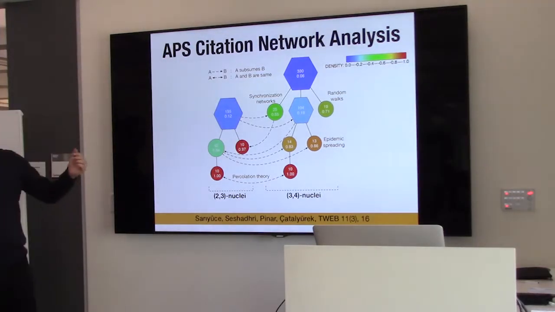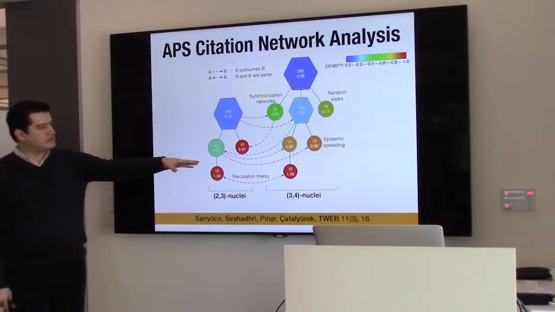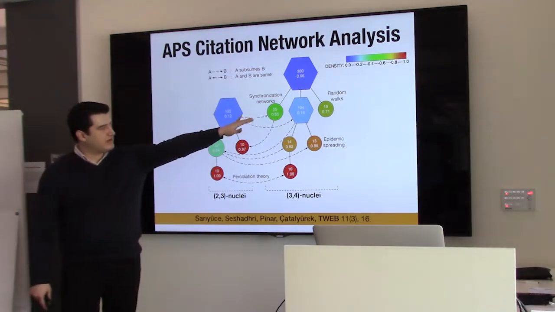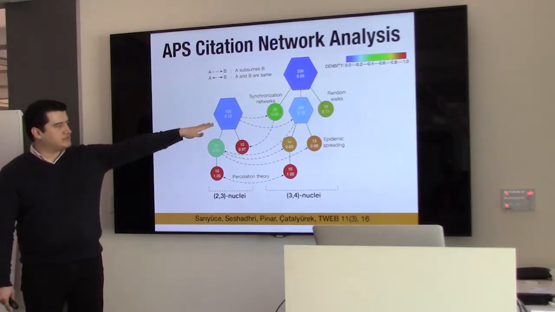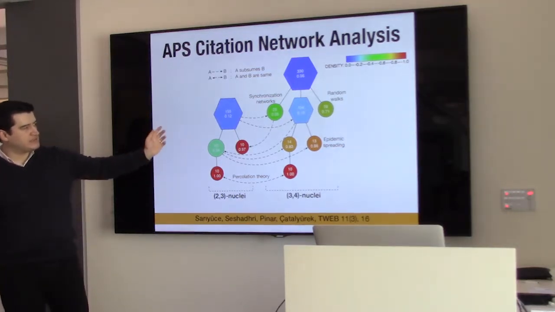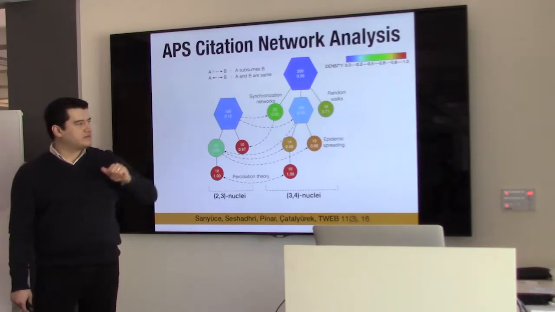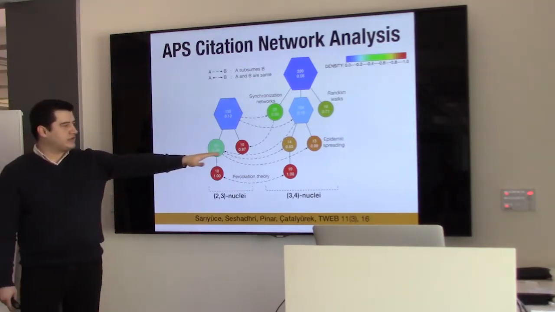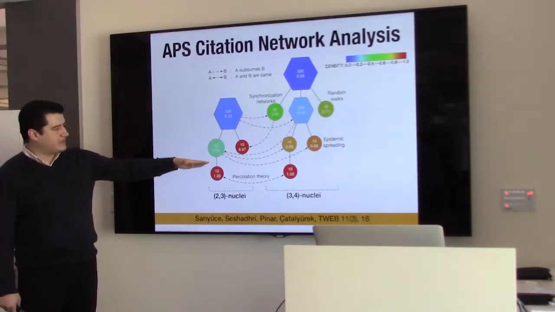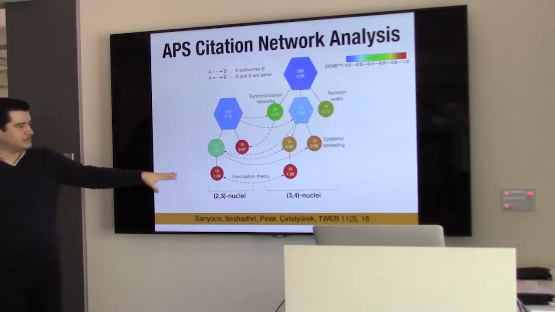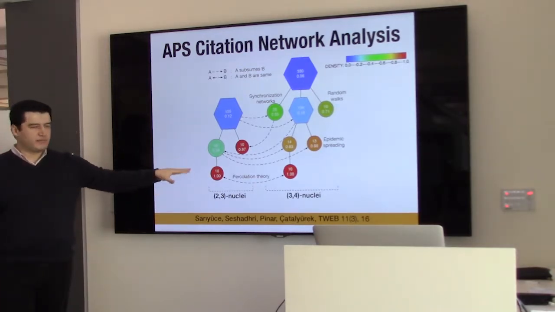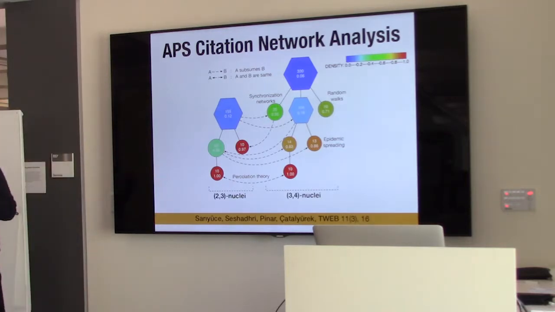And I can find more details on the 3-4 side. For instance, I can find those 25 synchronization papers which are lost in this big subgraph in the 2-3 case, or there are 19 papers on random walks, and also 13 papers on epidemic spreading, which again get lost in some larger subgraphs in the 2-3 nuclei.